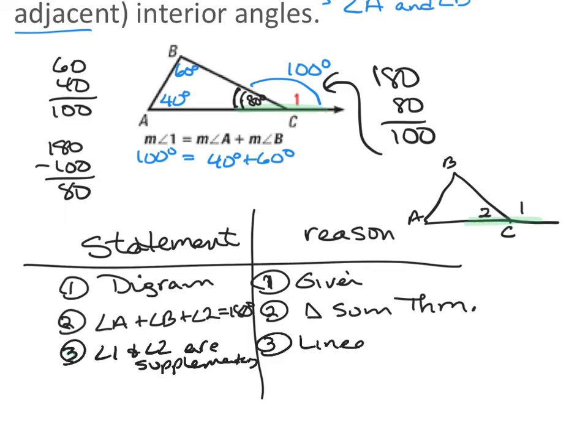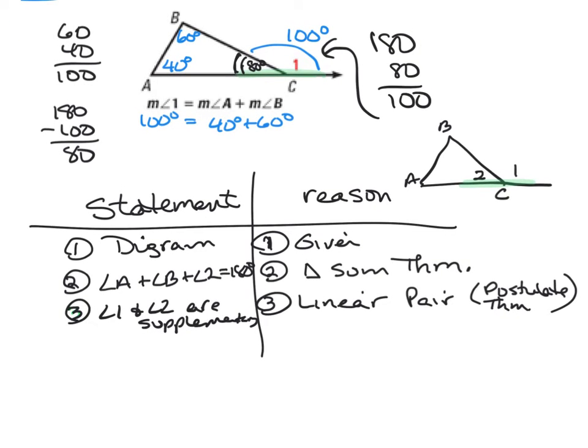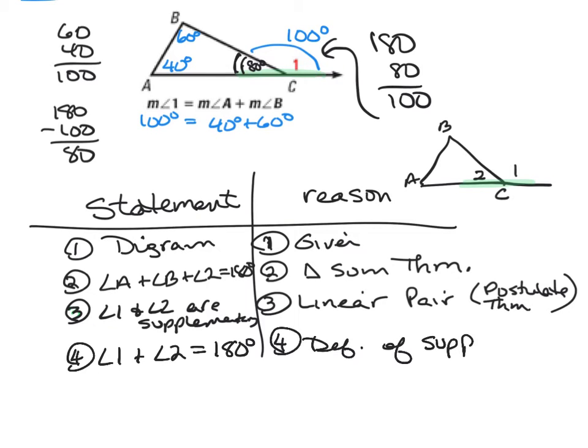I'm not sure what this book calls it; in some books they refer to it as a postulate or a theorem. Next, I'm going to show you what supplementary angles are: angle 1 plus angle 2 equals 180 degrees. And the reason I can state that is the definition of supplementary.